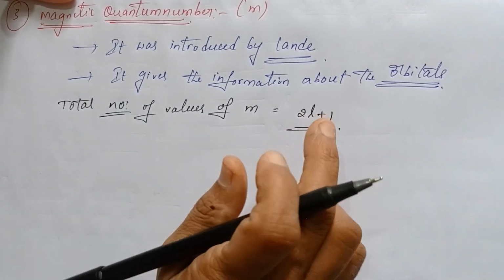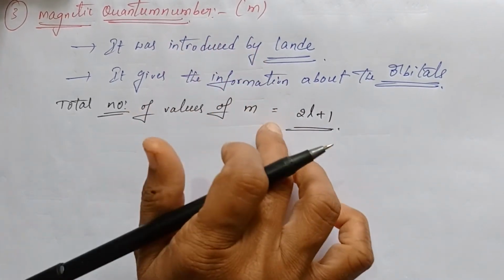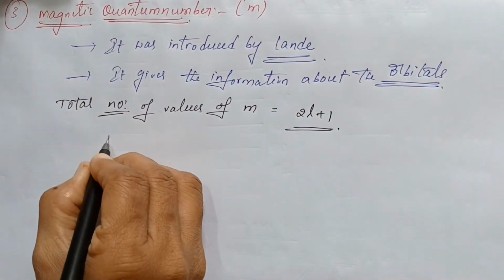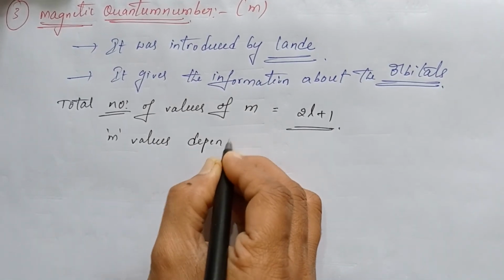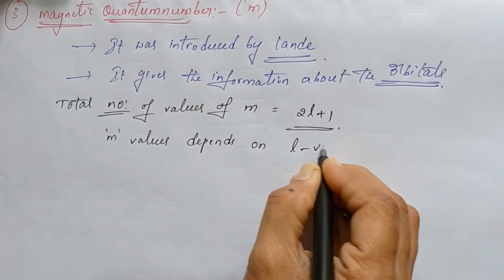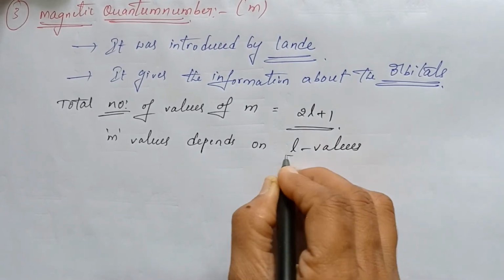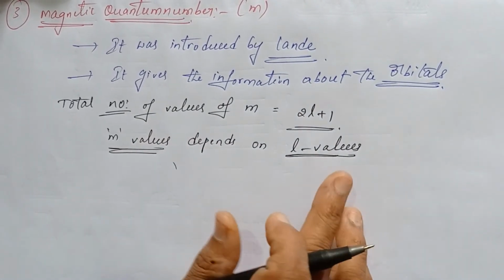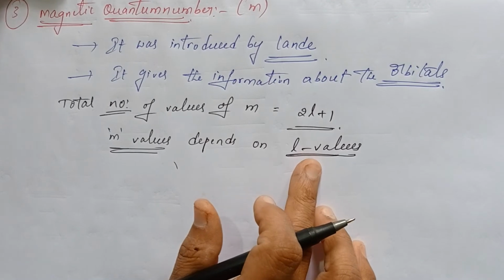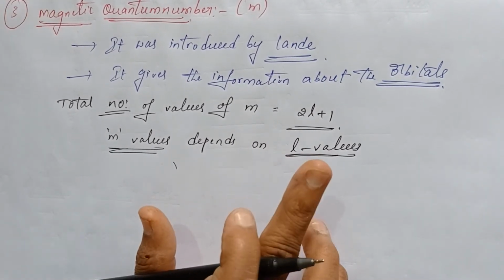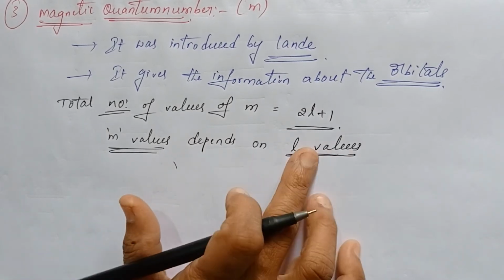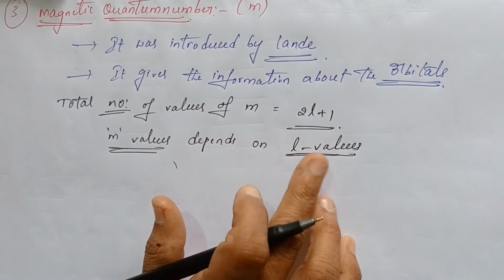And next, the magnetic quantum number m values mainly depend on which values? l values. Are you clear? Because I already told you, azimuthal quantum number values depend on the principal quantum number. And next, magnetic quantum number values depend on azimuthal quantum number values. Are you understanding?